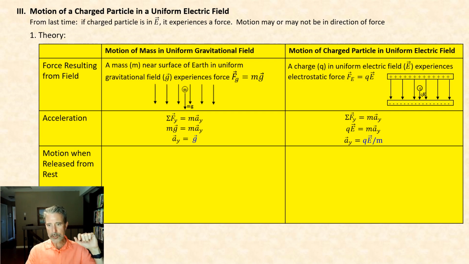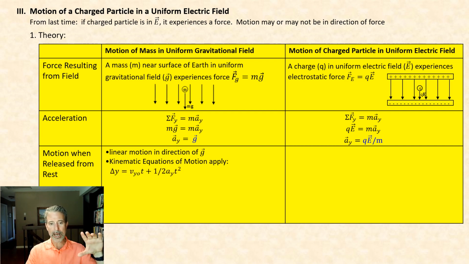And when you look at our accelerations, whether for the mass in the gravitational field or for the charged particle in the electric field, both of these accelerations are constant. Therefore, those kinematic equations apply. So starting with the case of the mass in the gravitational field, the linear motion must be in the direction of the gravitational field g, since there's only one type of mass. The kinematic equations of motion apply.